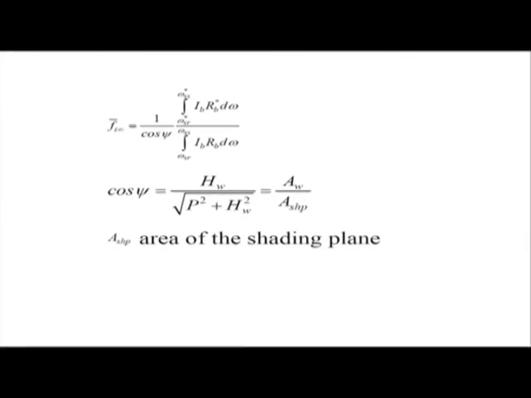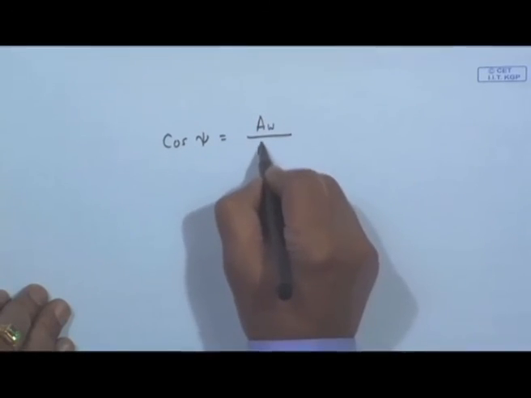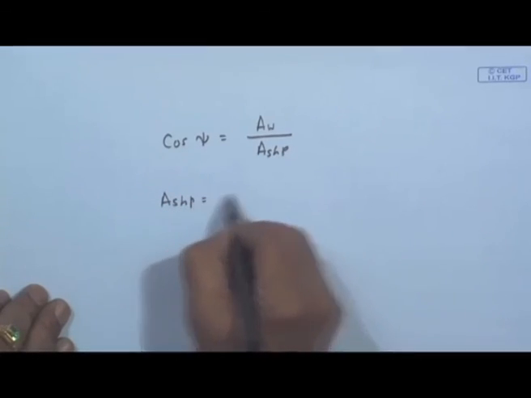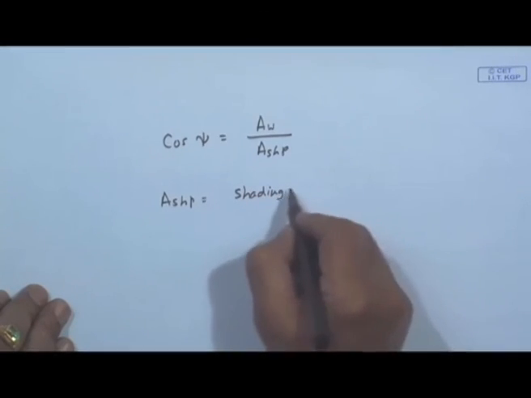Essentially, cosine psi is nothing but the ratio of the window area to A SHP, where A SHP is the shading plane area. So, this is popularly called the shading plane concept.